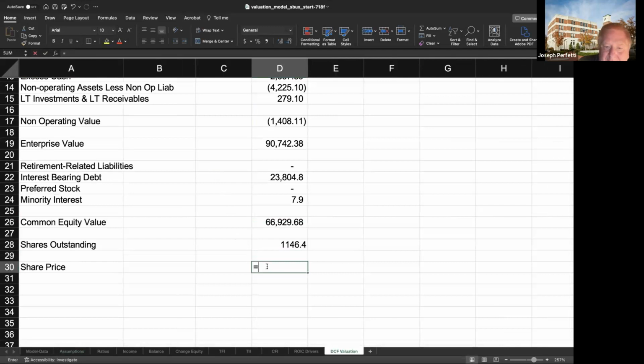Share price equals common equity value divided by shares outstanding, $58 a share. So if we were to say these cash flows came true, then Starbucks is worth $58 a share. Today, Starbucks closed at 101 and change.